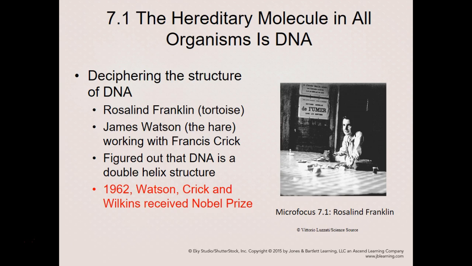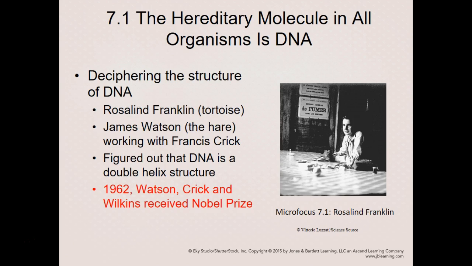So Rosalind was working with microarrays. She was looking at using X-ray diffraction to make a picture of DNA. While Watson and Crick knew or had figured out that DNA was composed of certain characters, and they were trying to figure out how do they put them together.